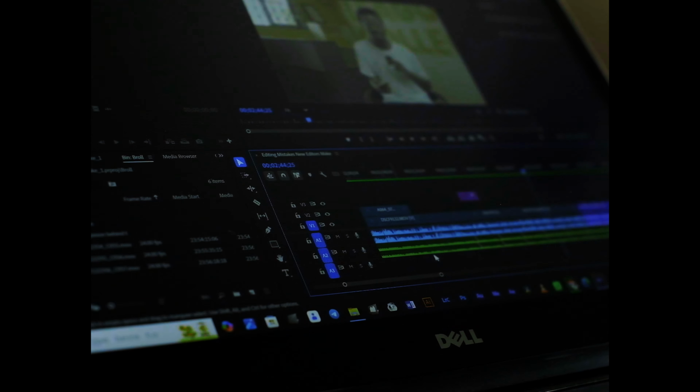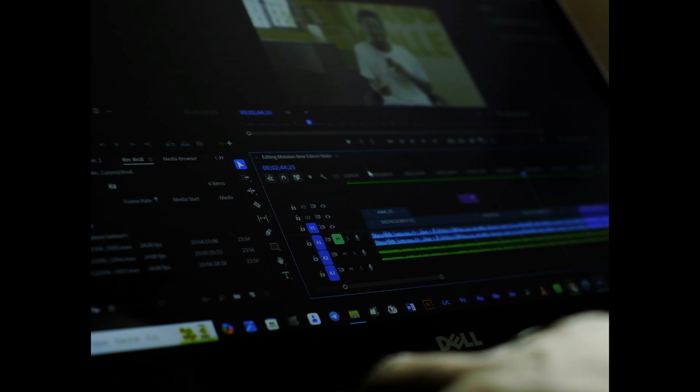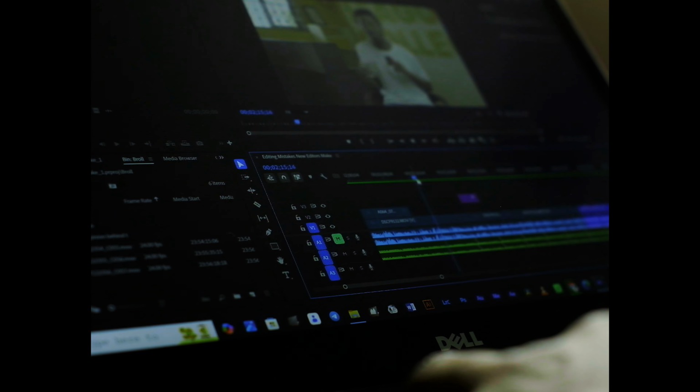So if you want to have that cinematic look in your videos, I advise you to always shoot in 24 frames per second, and once you shoot with that frame rate, don't forget to edit in 24 frames per second so that your video is not messed up. Keep shooting and editing in the frame rate that you have used.